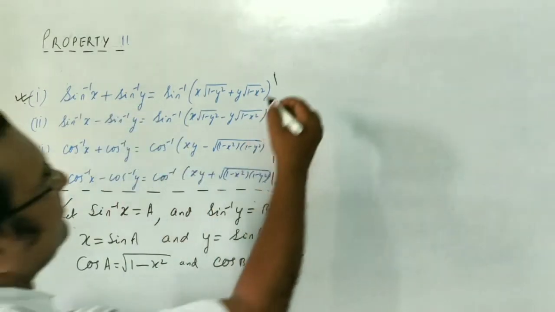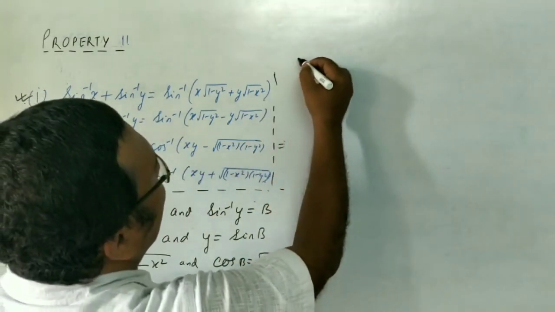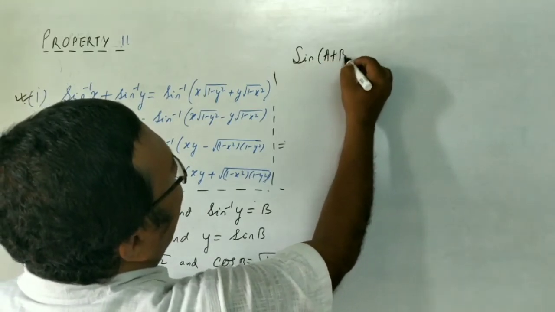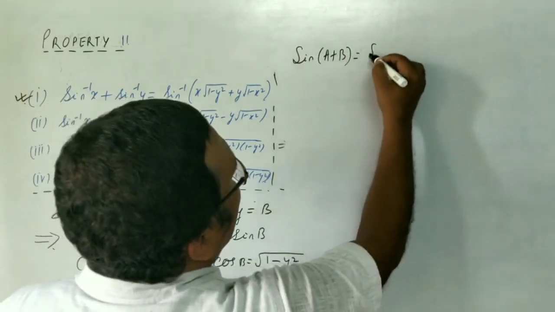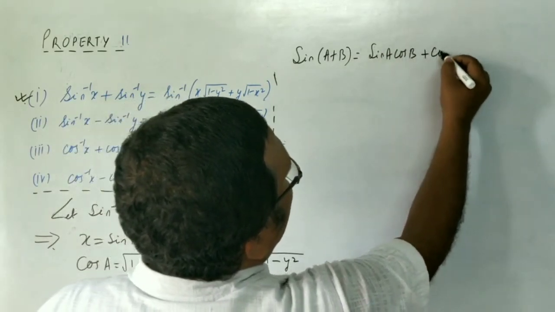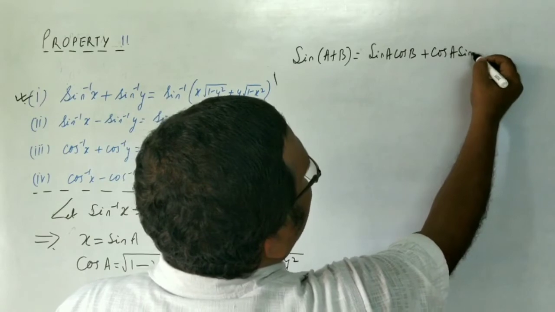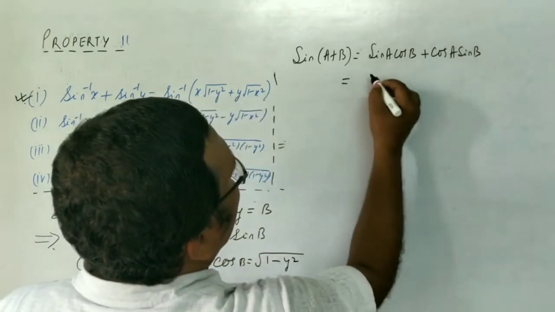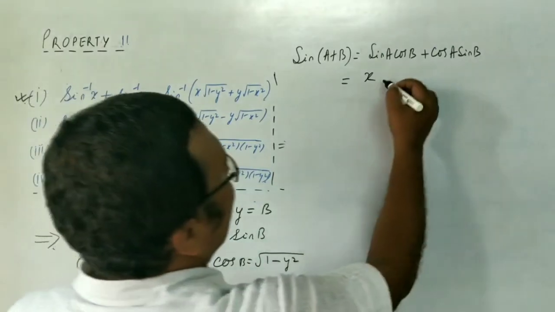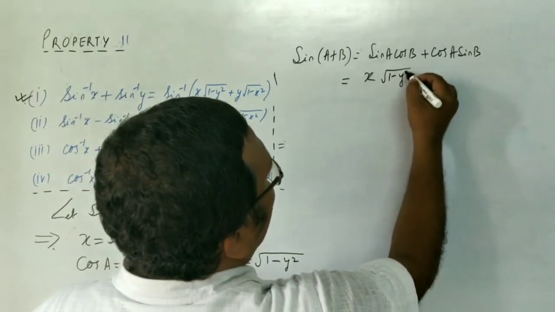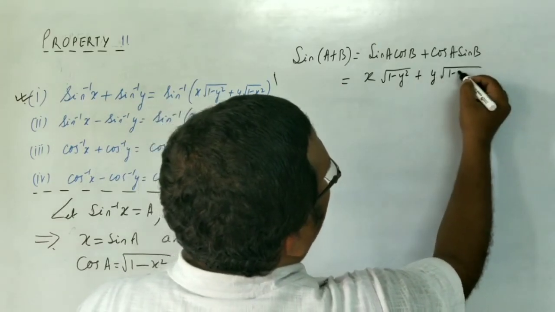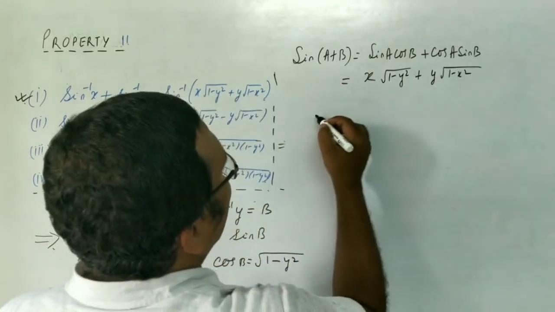Now I'll start here. I write here sin A plus B formula. It is sin A cos B plus cos A sin B. Sin A is x, cos B is root of 1 minus y square, sin B is y, and cos A is root of 1 minus x square.